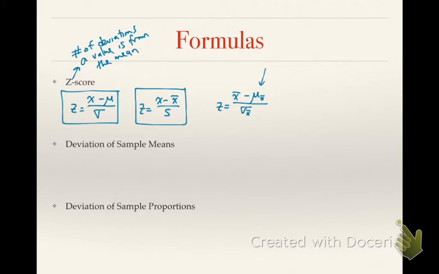And note that this mean of the means is equivalent to the mean of the population. So if you're testing against the mean of the population, you're going to use mu from the population. That is the same as the mean of the means.